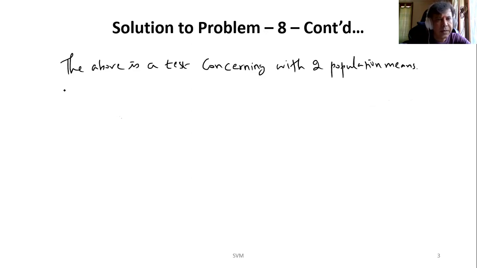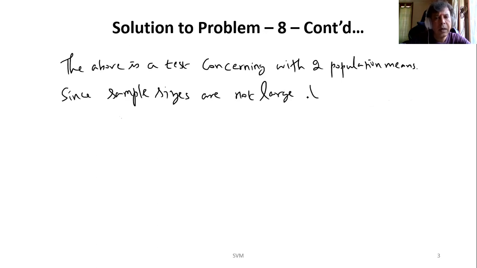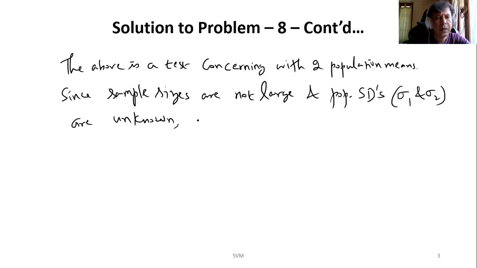So I will write here, since sample sizes are not large and population standard deviations, that means sigma 1 and sigma 2, are unknown, we will use t-test.